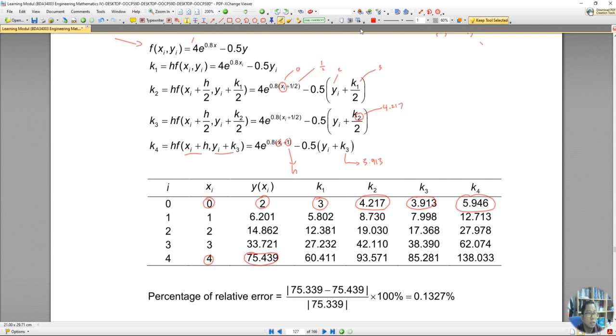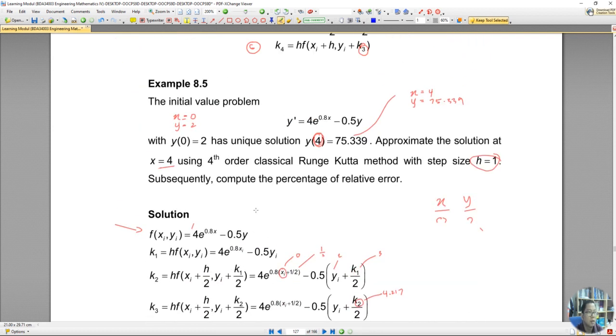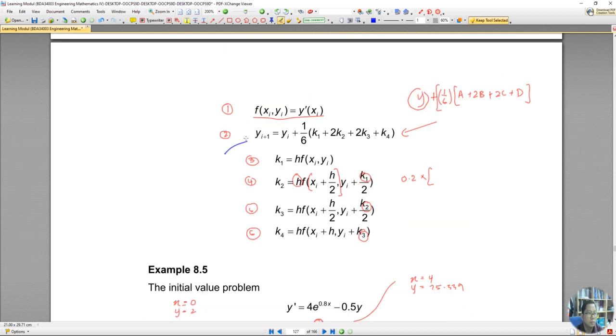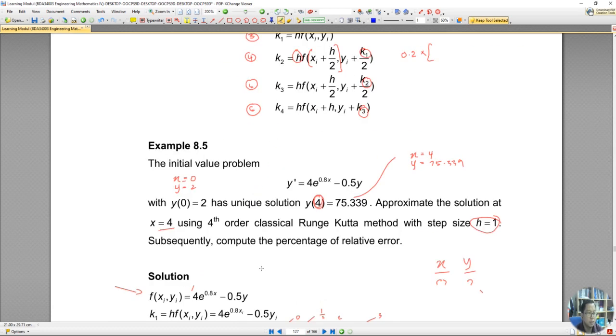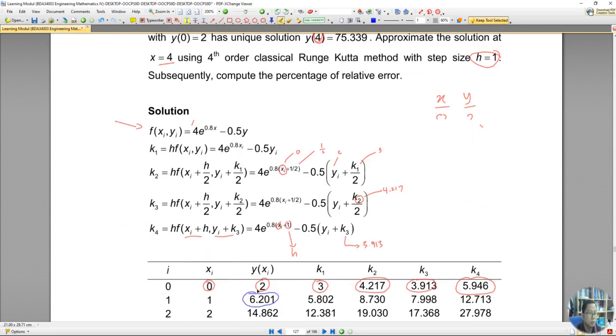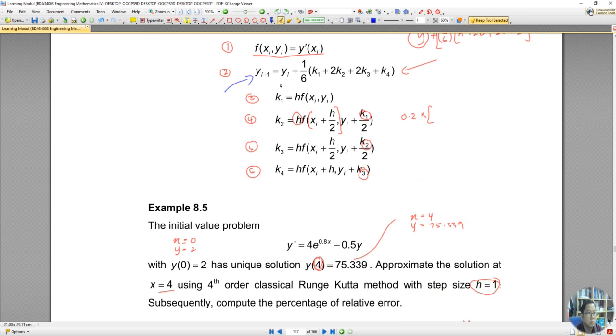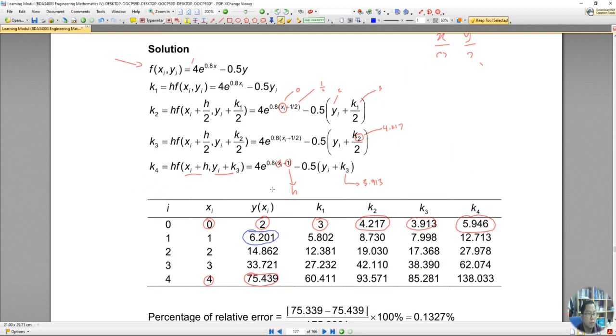So how are we going to get y(i+1), this number? 6.201 is based on this equation. You have to add y1, which is 2 in this case, plus 1 over 6 multiplied by k1.